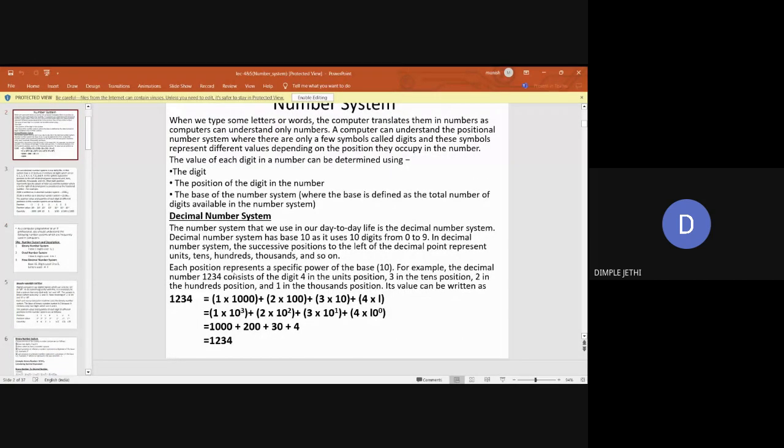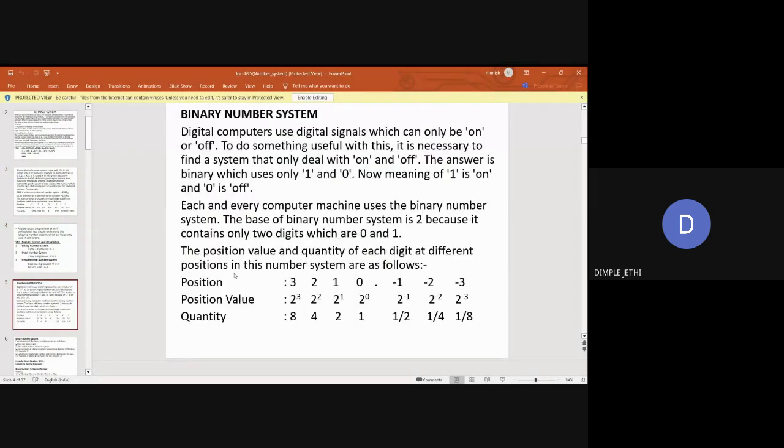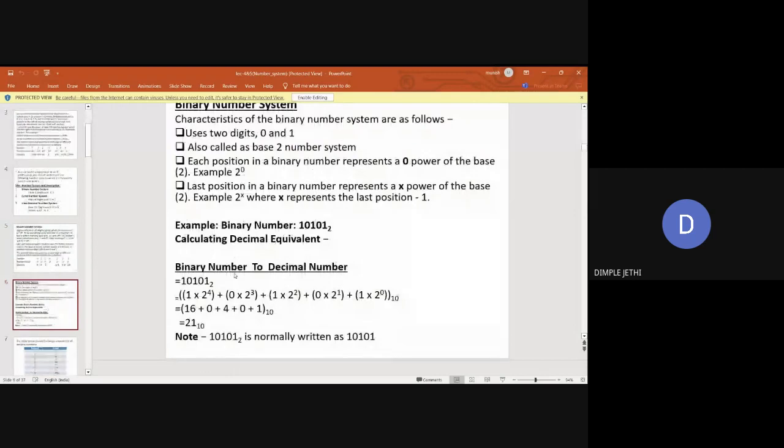Got it? Clear? In the decimal number system, we pick up one unit from the right hand side and start multiplying it with the power of 10. In binary, we start multiplying it with the power of 2. So this is how we calculate the value of a binary number.